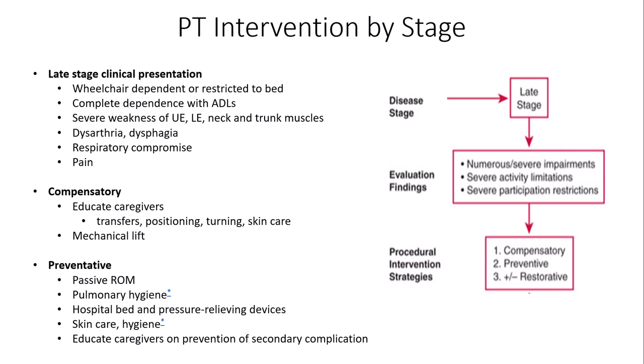To compensate, you're going to educate caregivers again on the importance of skin care, positioning, turning every couple hours, and for transfers, highly recommend a mechanical lift at this point for safety. Preventative is going to be passive range of motion, pulmonary hygiene, a hospital bed and pressure relieving devices, and skin care. And you want to educate the caregivers on secondary complications such as pressure sores.